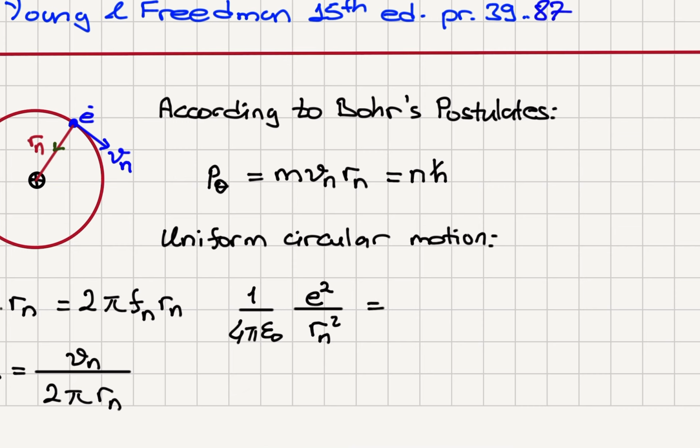This is equal to mass times the centripetal acceleration, v sub n squared divided by r sub n, the radius of the orbit.